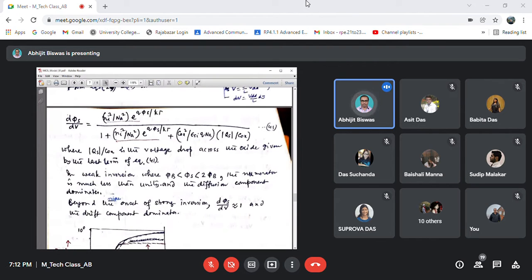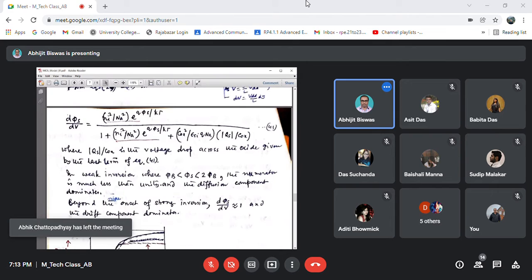Sudeep Malakar, can you explain? Then Tuhin Sarkar.